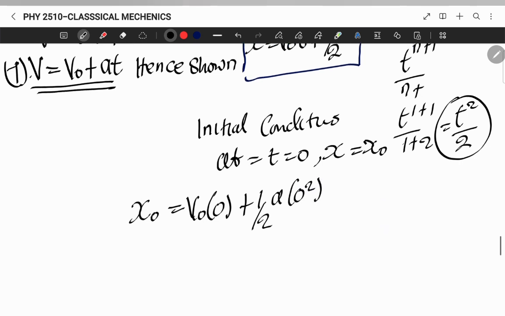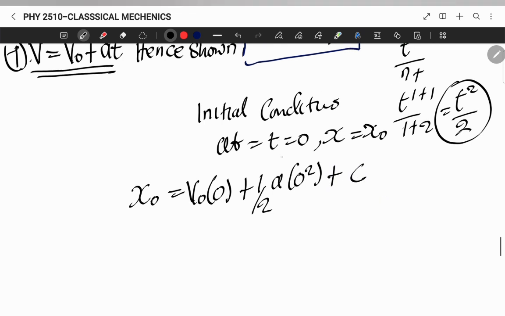All these things multiplied by 0 give us 0, so x naught is going to be c. So where there is c, we'll put x naught.